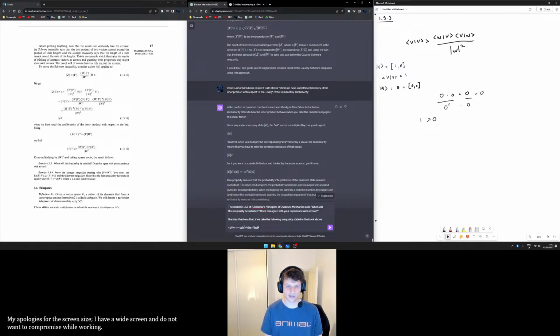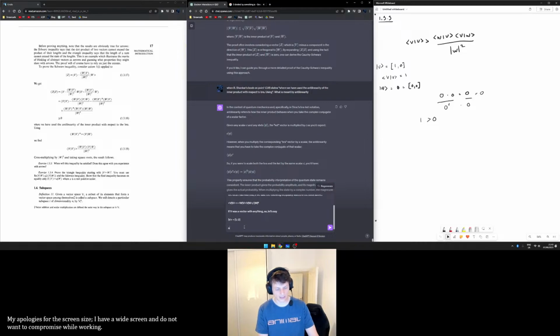So the idea I had was that if V was a vector with anything, so let's say v equals (1, 0), and w was a null vector, w equals (0, 0), then the equation holds.